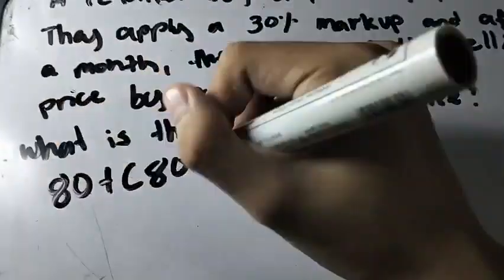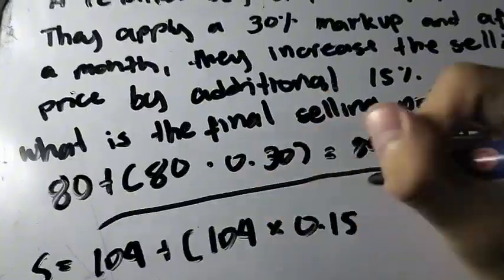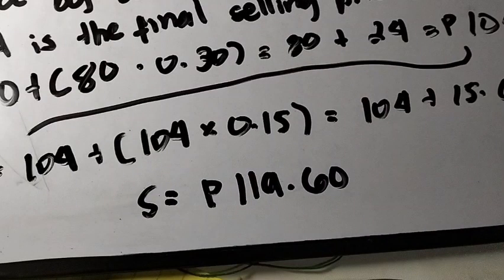So for number 3, we have a retailer who buys a product for 80 pesos. They apply a 30% markup, and after a month, they increase the selling price by an additional 15%. What is the final selling price? So we have here 80 plus 80 times 0.30, and that would equate to 80 plus 24.